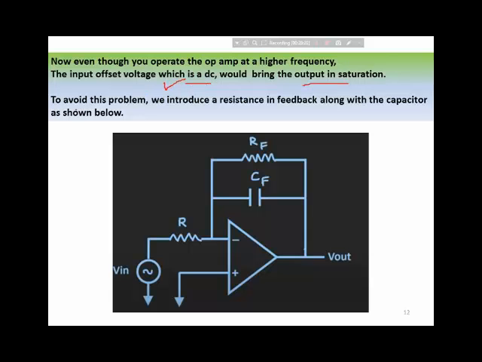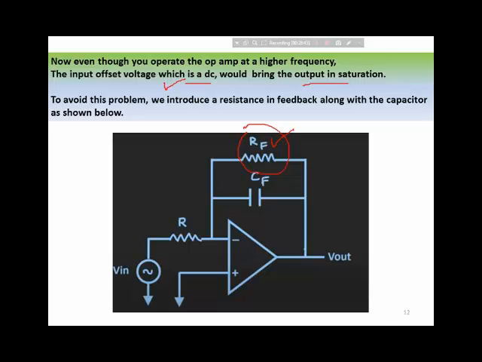So to avoid this problem, we introduce a resistance in the feedback. As you can see for this integrator, you add a resistance along with the capacitance in the feedback. So this is a modification in a simple integrator.